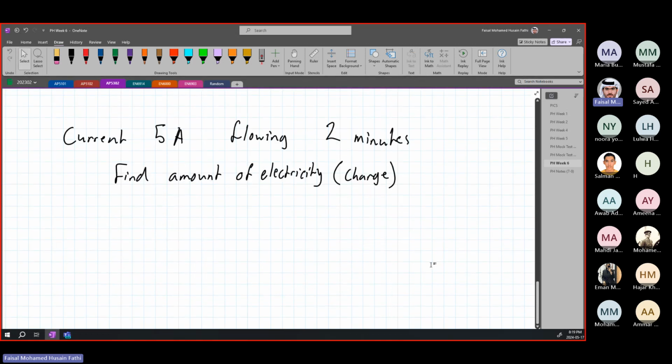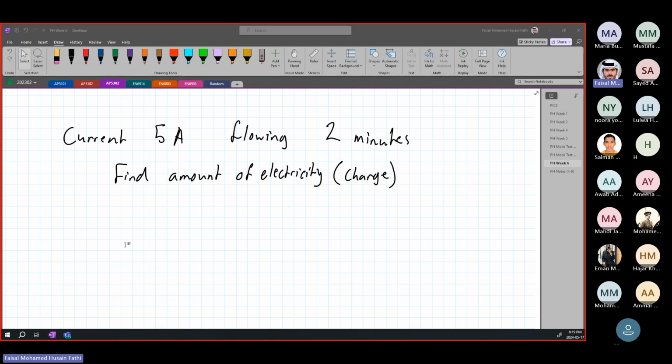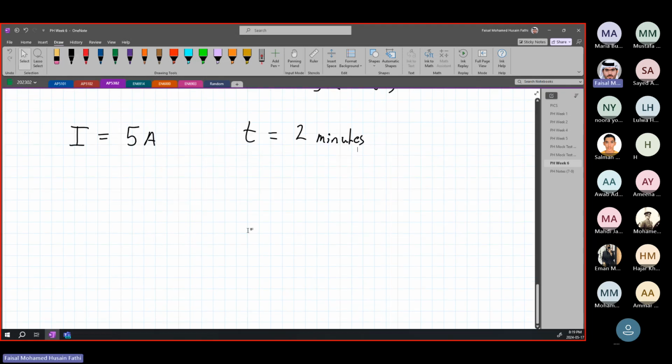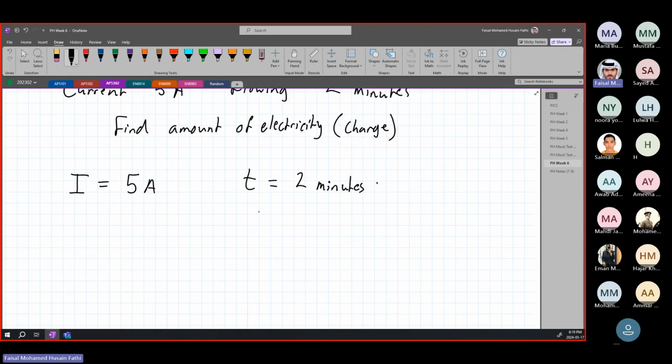Your first step in solving such a thing is making sure that your units are all in the standard units. First thing we notice is our current I is equal to 5 amperes, which is correct. This is the unit that we should be using. But time is given as 2 minutes. If you want to convert time to seconds, use the method which I explained previously.